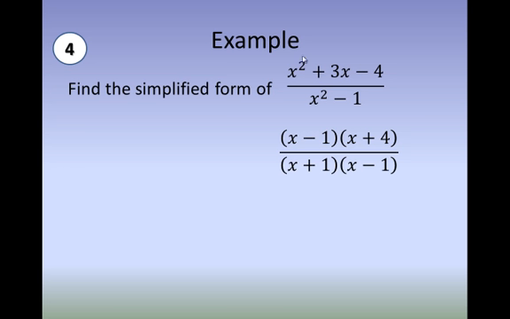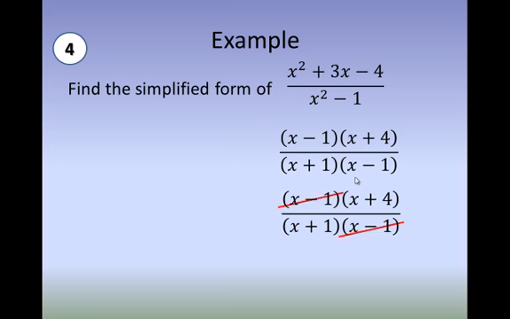As we can see here, we have a common factor, which is x minus 1. So we can cancel them, and we're left with x plus 4 over x plus 1.